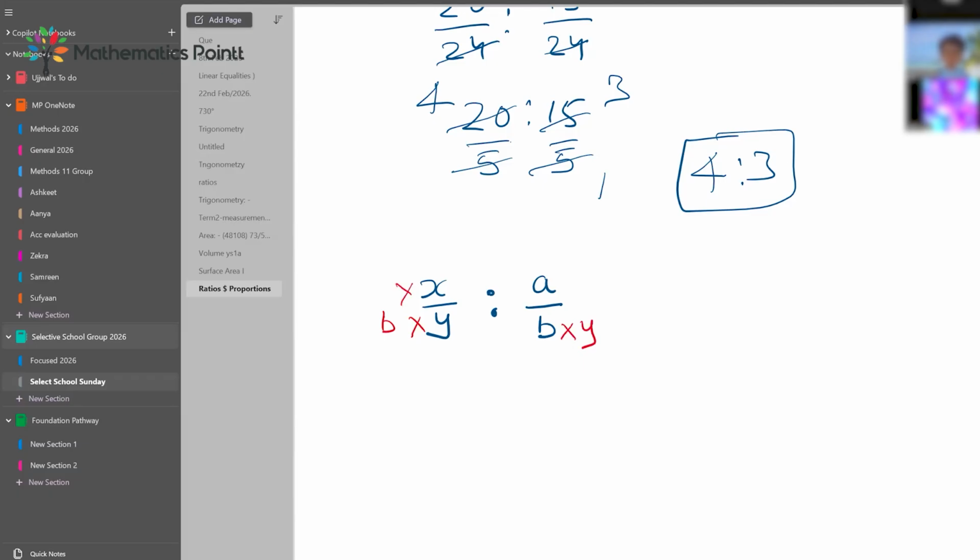I have multiplied the left fraction by b at the denominator, so I have to do it on the top as well. And similarly, I've multiplied the right fraction's denominator by y, so I have to do it on the top as well. So now I have bx over by ratio ay over by.